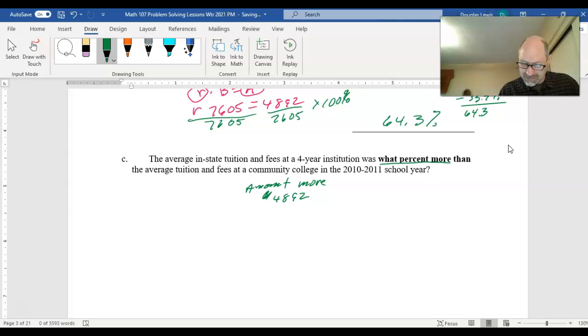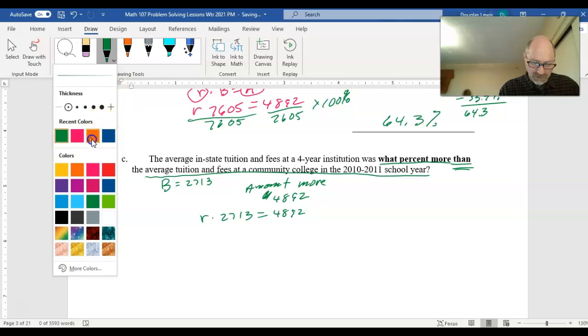We already knew it was 48.92 more. But what's the difference between this and the previous problem is what's after the than. The base in this one is the community college's tuition and fees, which here the base is equal to 2713. So the rate times the base is equal to 48.92.